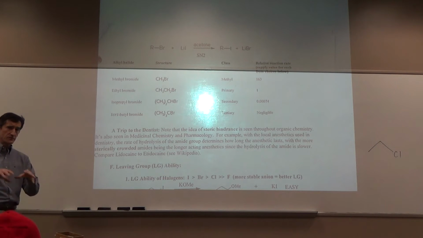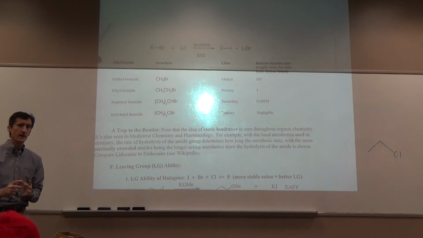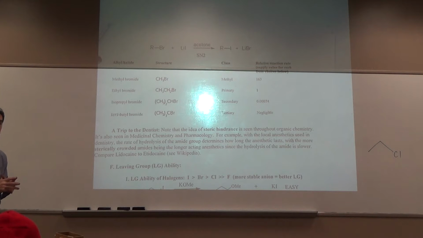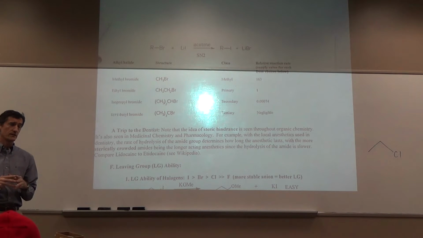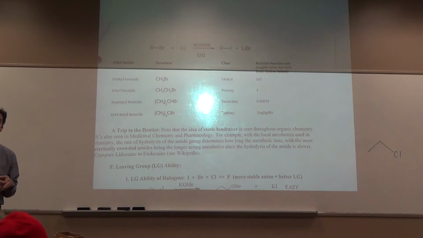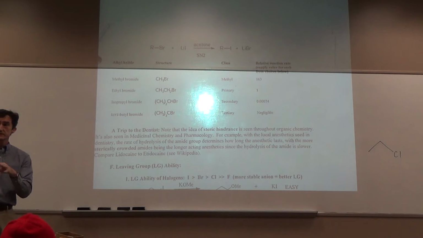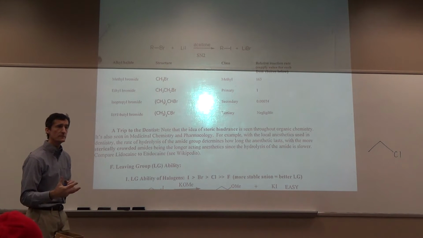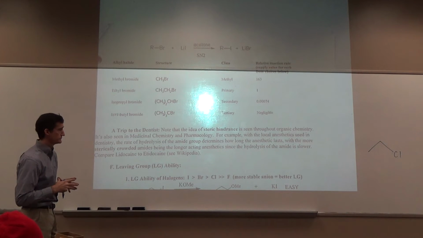Those that have lots of steric crowding around the reaction site, are those going to be metabolized fast or slow? Yeah, they're metabolized very slowly. So do they act for a little bit, or do they act longer? They act longer. If you look at the structures, short-acting versus long-acting, the long-acting ones have a lot of steric hindrance, bulk around the reaction site. It slows down the metabolism and makes the drug last longer.